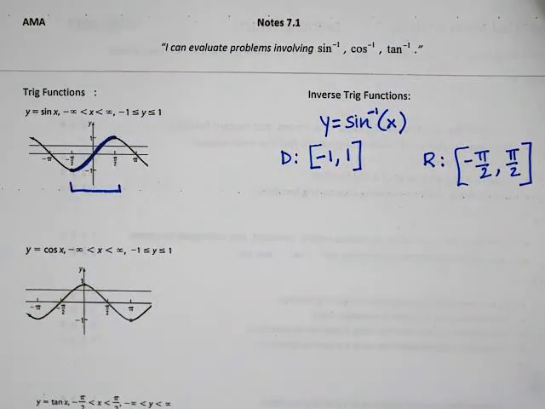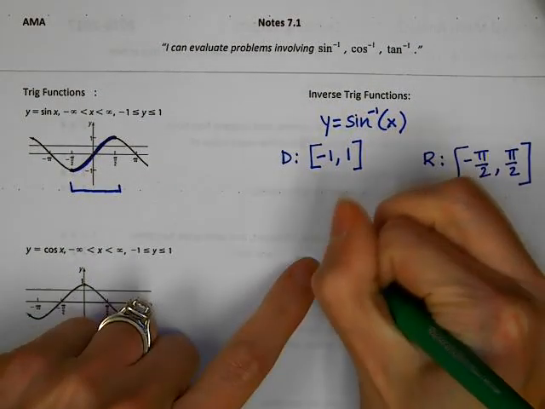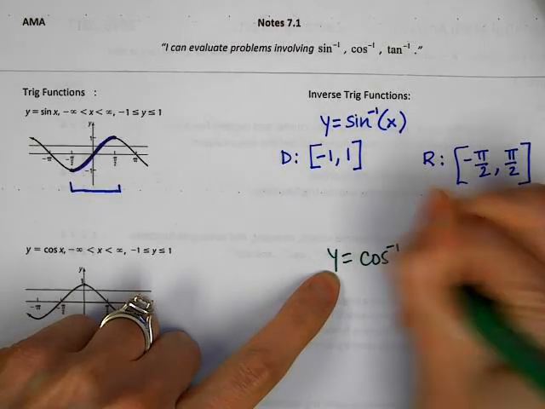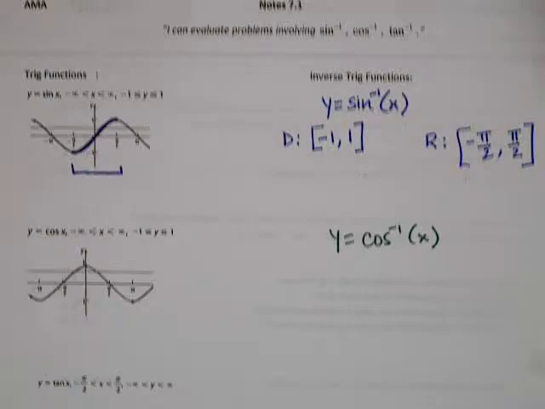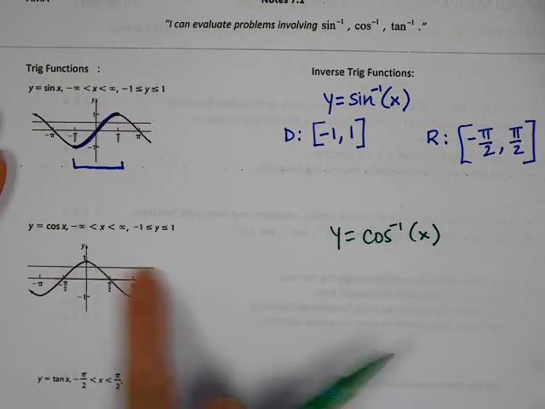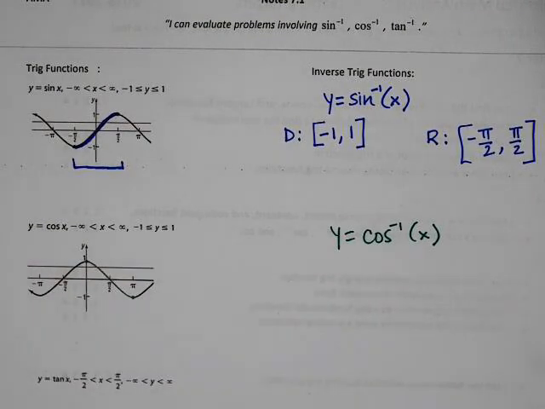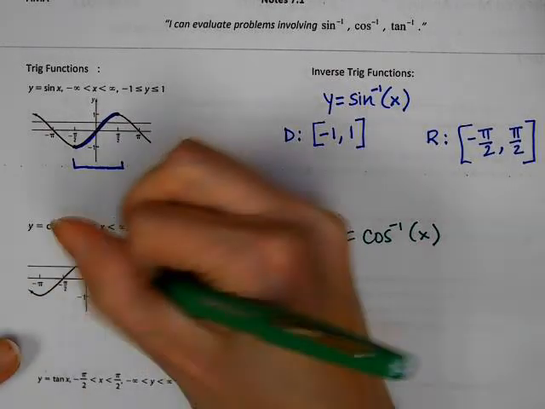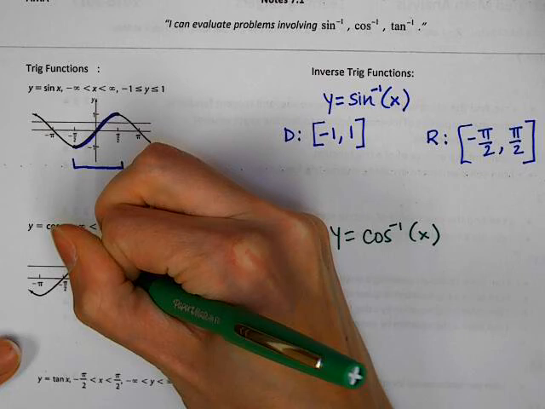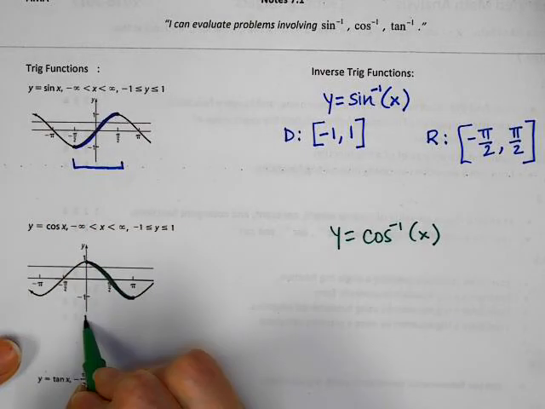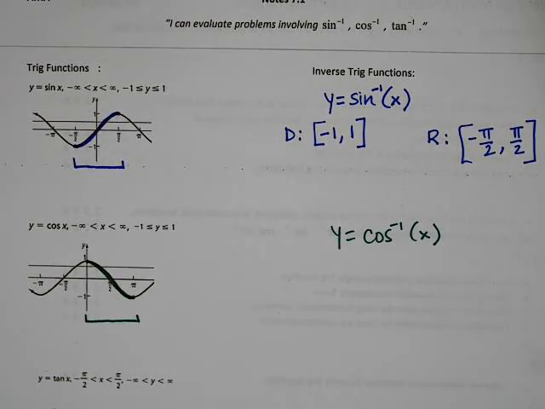Now let's do the same thing with cosine. So y equals inverse cosine of x. And let's define our interval. Notice again, cosine does not pass the horizontal line test, which means its inverse isn't going to be a function unless we restrict it to a certain portion. And mathematicians decided that for cosine, they are going to isolate the section from 0 to pi, because that section passes the horizontal line test.